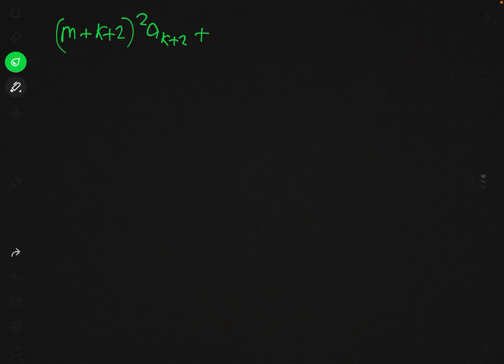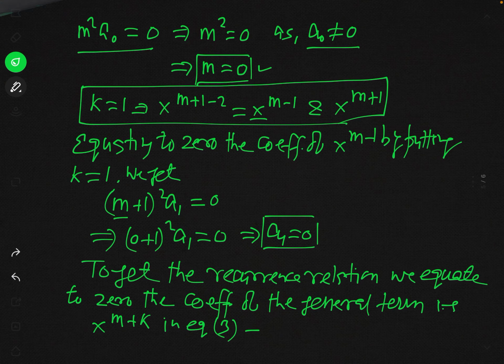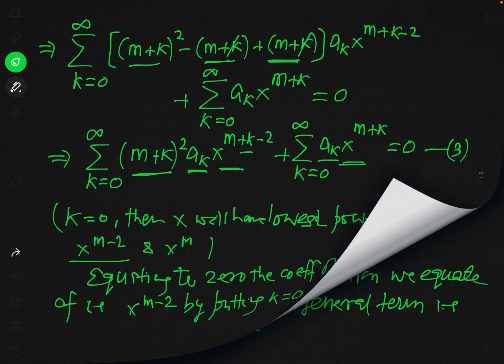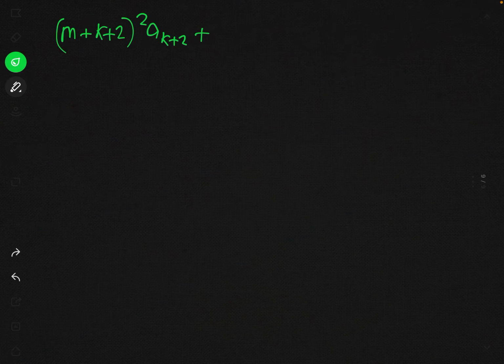And you can see in the last term x to the power m plus k is already present, so its coefficient is simply ak. So this will be plus ak, and that is equal to 0. So simplify it.